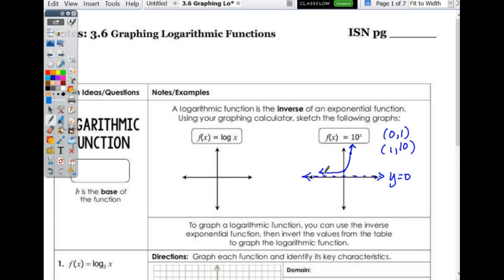So instead of 0, 1, I'm going to graph 1, 0. Instead of 1, 10, I'm going to graph 10, 1. And this asymptote is y equals 0, so if I invert that, the new asymptote would be x equals 0. So the log looks like this.